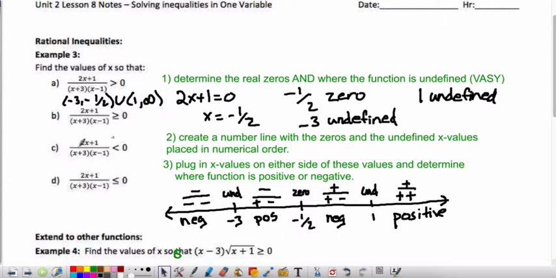Okay, next we're going to see where it's greater than or equal to. And here's where things are going to get a little bit different than the last one, because if it's greater than or equal to, we're only including where we have zeros. Okay, so right here, it's undefined. So we're not going to include this -3. So we're still going to have a parentheses here at the -3. And it's positive, all the way to -1/2. But this one's a 0.